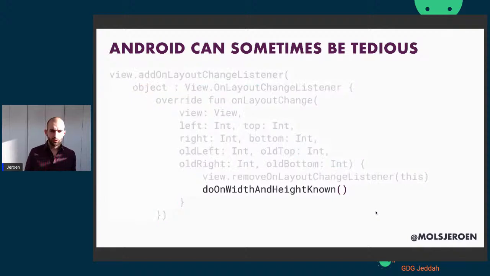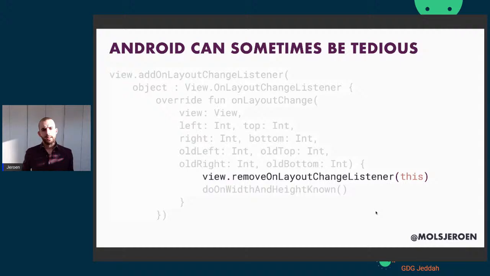So in order to do this very simple, useful thing, making the image view square, you actually need those 12 lines of code on top, which is quite verbose. And that's not the only problem, because you would also have to remove the onLayout change listener. And if you forget to do that, you would have a leak.